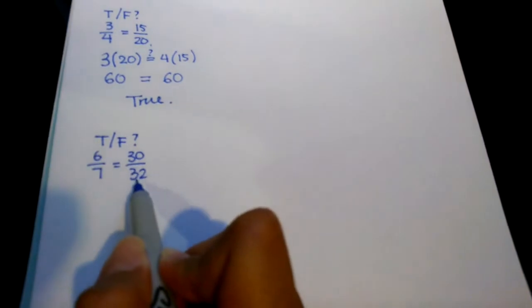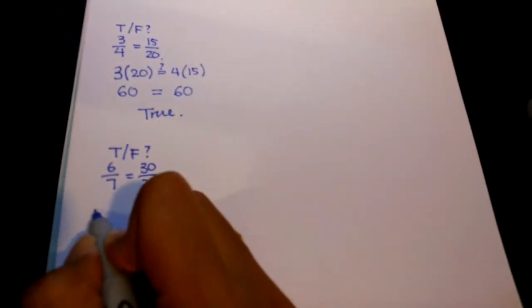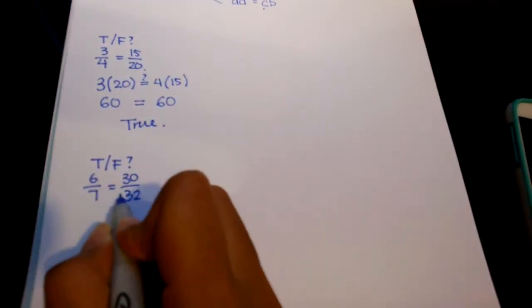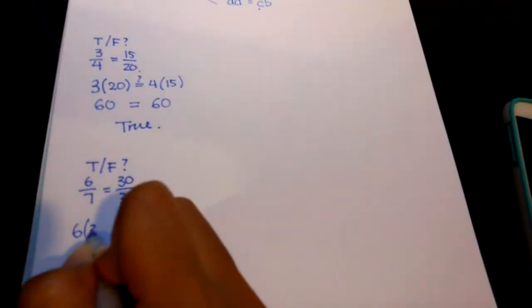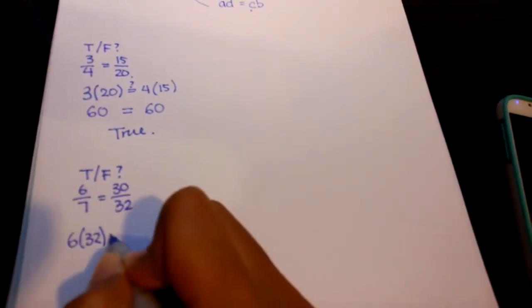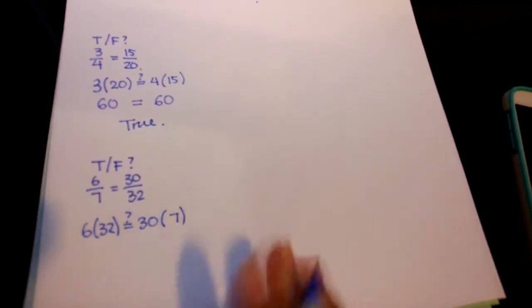Okay, let's look at the next one. 6/7, is that equal to 30 over 32? Once again, we multiply across the extremes and the means. So 6 times 32, we have to see if that's equal to 30 times 7.